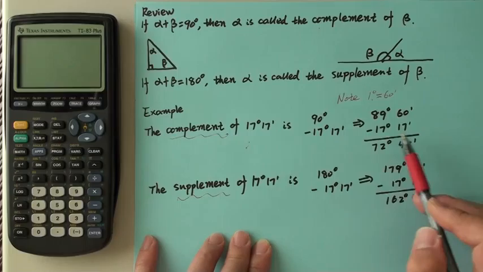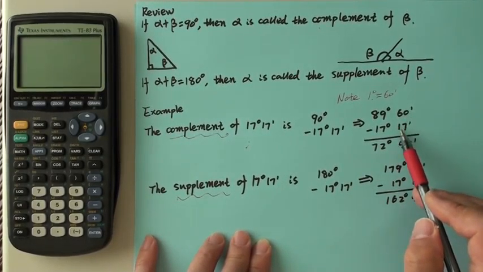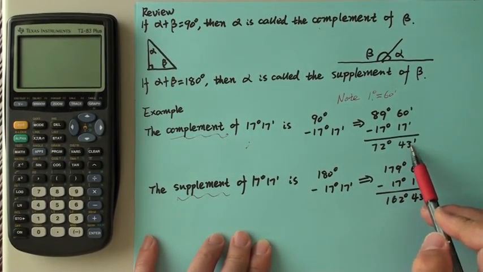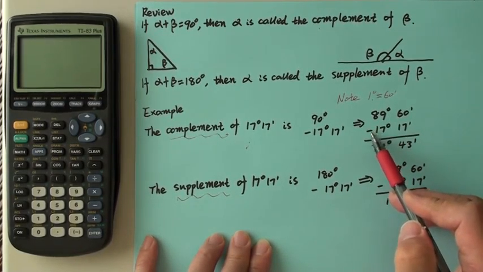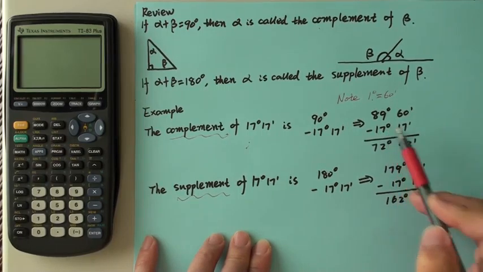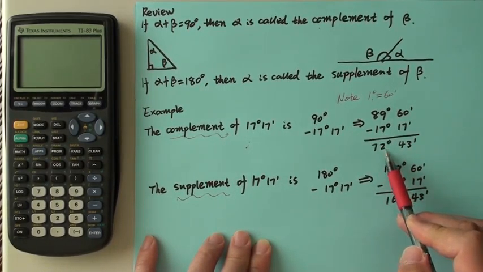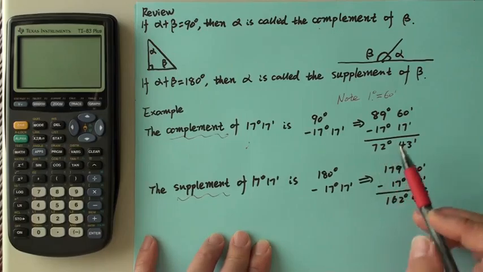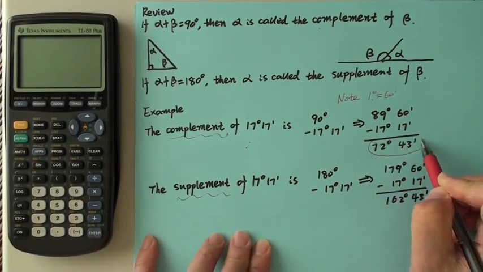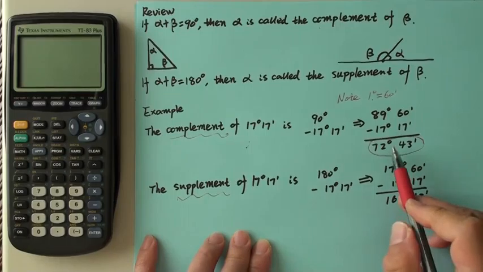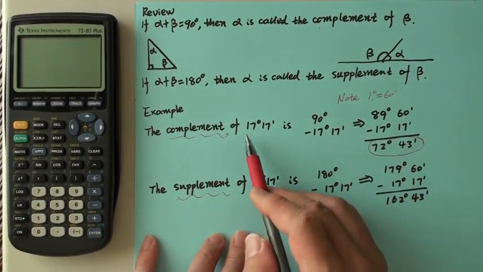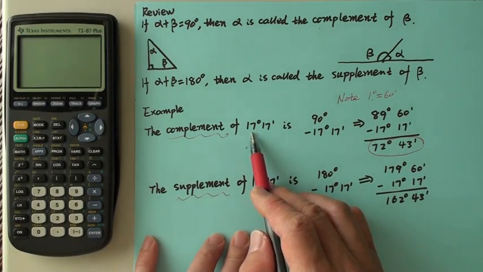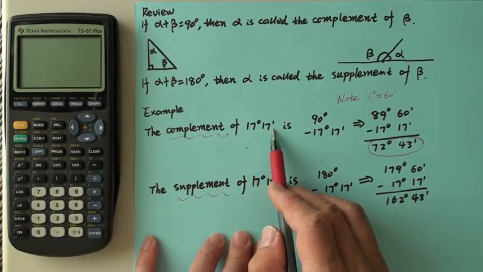Then 60 minus 17 is 43 minutes, and 89 minus 17 is 72 degrees. So the angle with 72 degrees, 43 minutes is the complement of the angle with 17 degrees, 17 minutes.